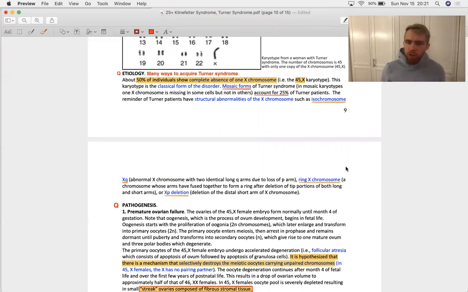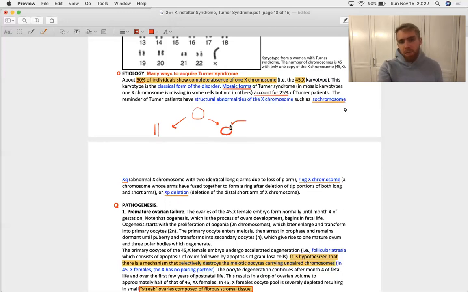So non-disjunction is the classic form of the disorder in which whenever a cell divides, it makes two daughter cells. And so in non-disjunction, one daughter cell is going to have both of a given chromosome, in this case, the X chromosome. And then the other daughter cell is going to have no X chromosome at all.